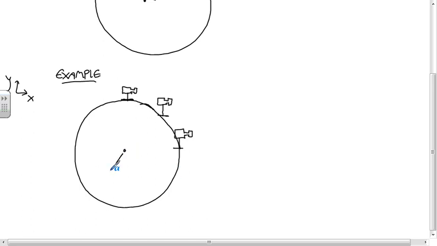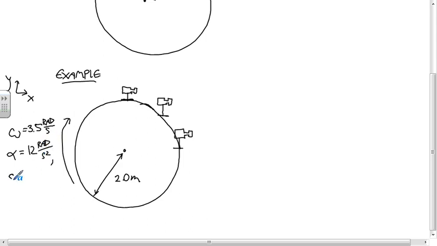And let's say that the radius of this Ferris wheel is 2 meters. And the Ferris wheel is moving clockwise with an angular speed equal to 3.5 radians per second, an angular acceleration magnitude of 12 radians per second squared, and it's speeding up.